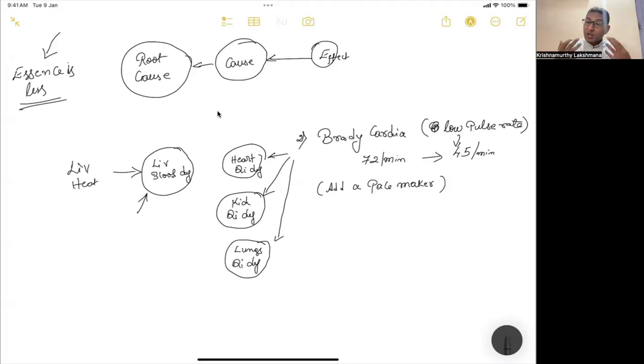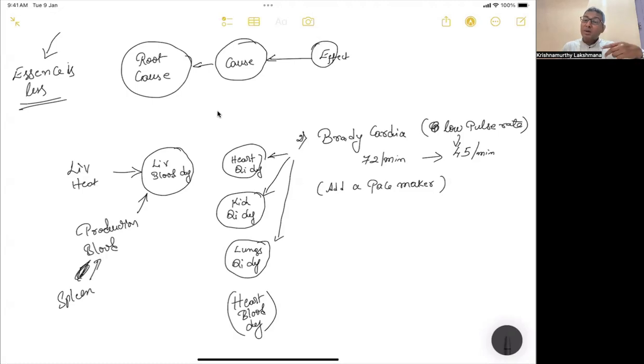or the actual production of blood may be less. Spleen deficiency. Production of blood may be less. Why is it less? Probably the spleen is deficient. That is why production of blood is not happening. Or blood in the heart may be less. Heart blood deficiency.